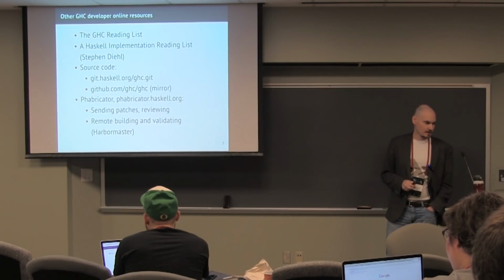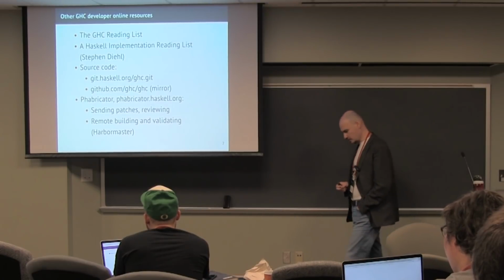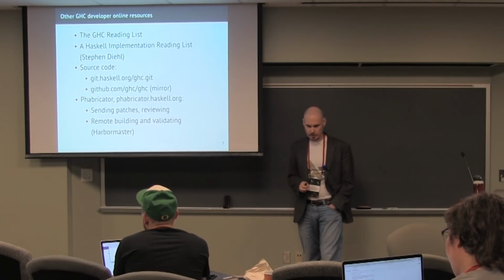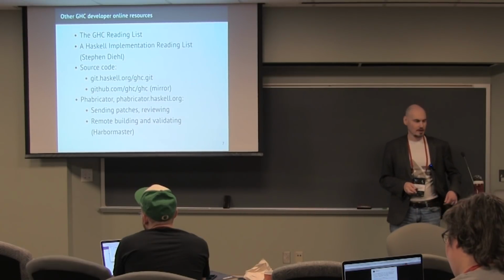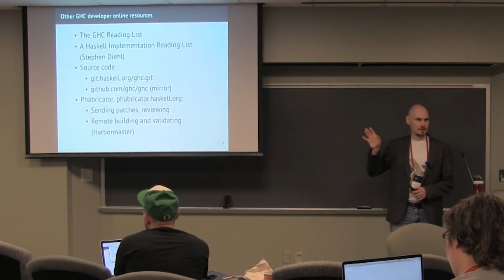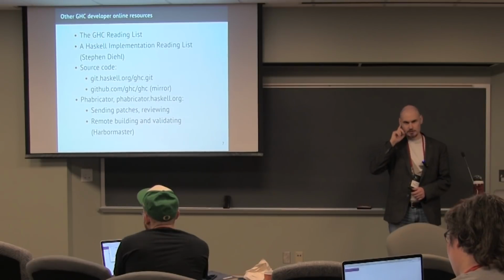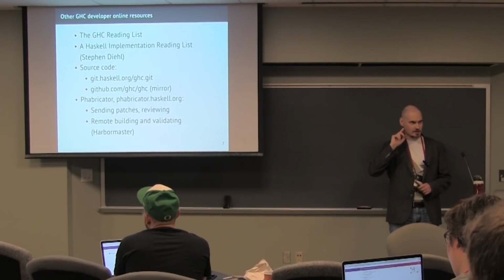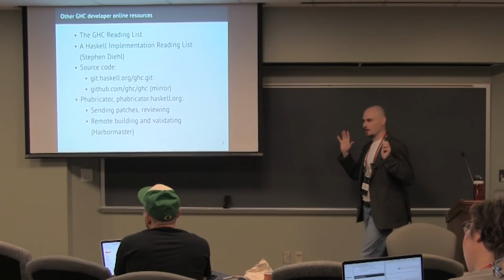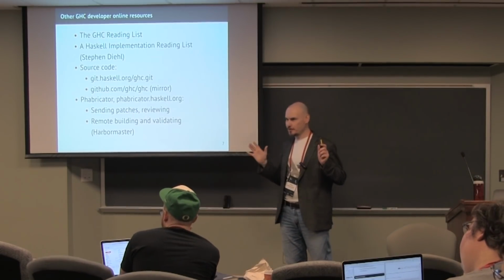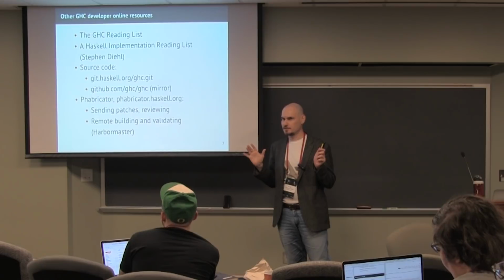There are many other resources which you should know about when working on Haskell. On this developers wiki, there is the GHC reading list. It's a huge reading list. There are several hundreds of papers in it.